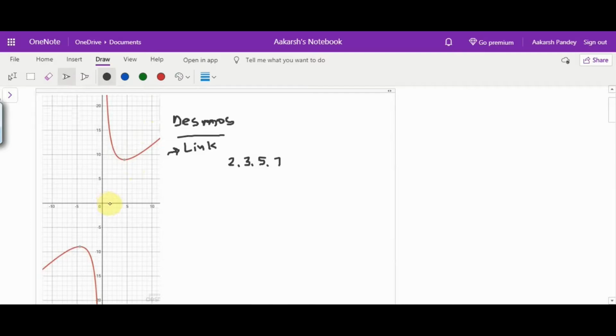So y equal to x square at 4 will be 16. So I'll just mark a few points here. For 3 I have 9, so it comes out something like this, and it is similar over here as well. So this is how y equal to x square looks somewhat.